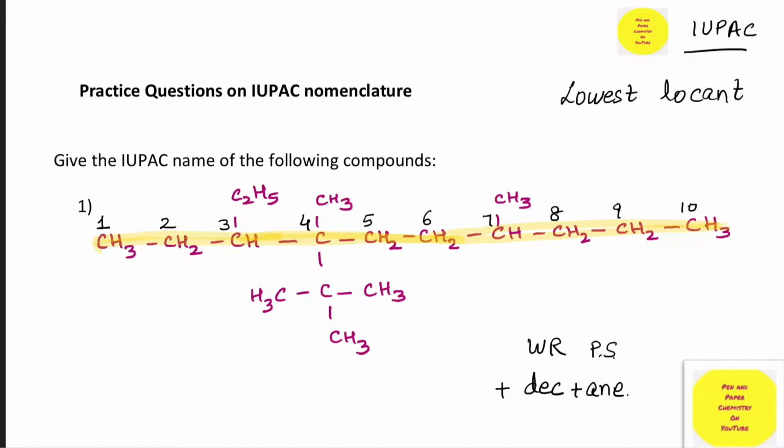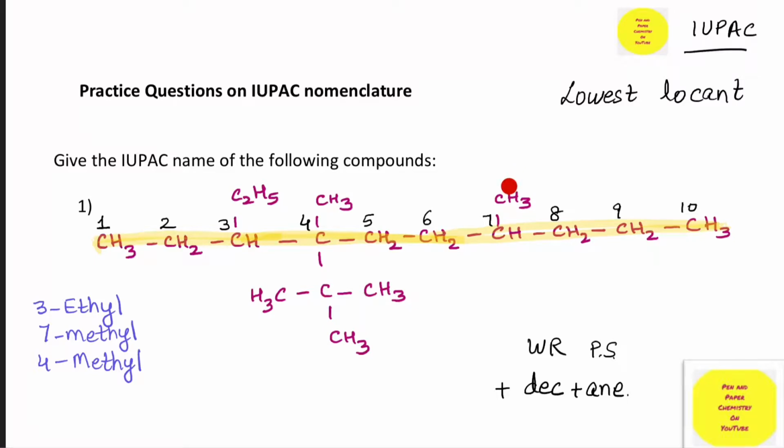Now what are the substituents that you can see? Let me write them down first. At the third position, we have ethyl. At the 7th position, we have methyl. At the 4th position, also we have methyl. So 2 methyl are there.